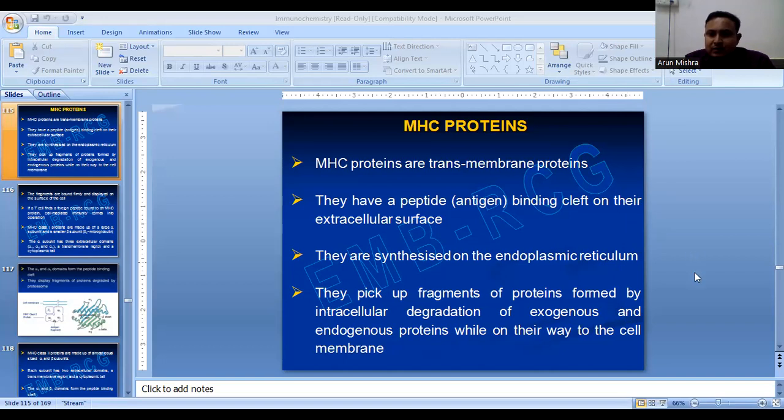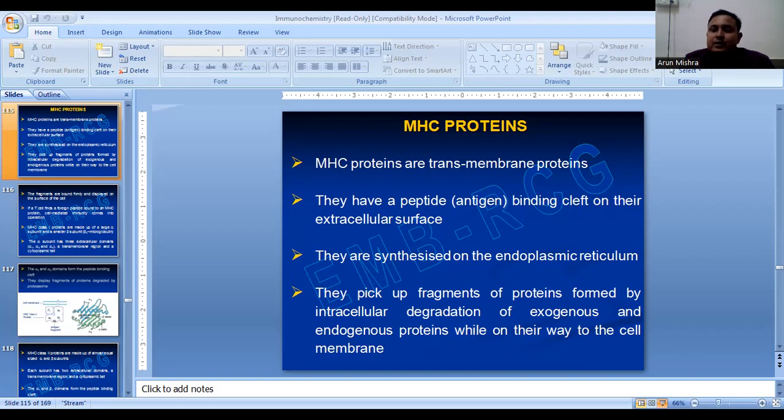They are synthesized on the endoplasmic reticulum. They pick up fragments of protein formed by intracellular degradation of exogenous and endogenous protein while on their way to the cell membrane. The fragments are bound firmly and displayed on the surface of the cell. If a T cell finds a foreign peptide bound to an MHC protein, T cell mediated immunity comes into operation.